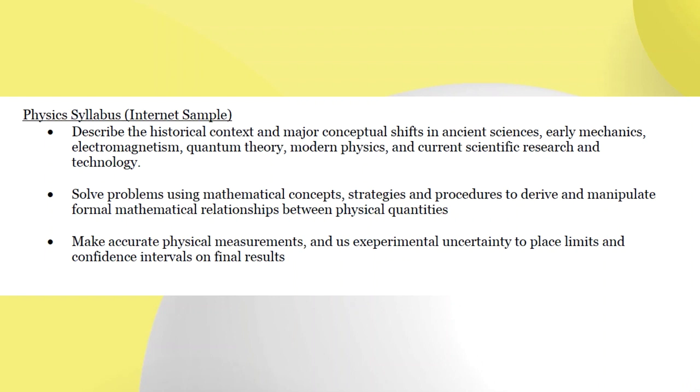I don't want you to think that Bloom's is only for the humanities. So what about a physics syllabus? Look at this first one. Describe the historical content and major conceptual shifts in ancient sciences, early mechanics, electromagnetism, quantum theory, modern physics, and current scientific research and technology.